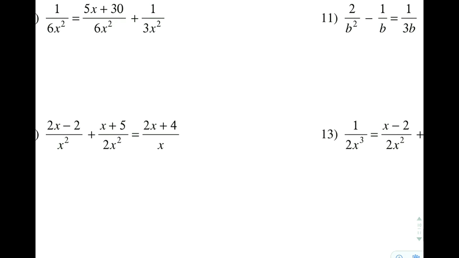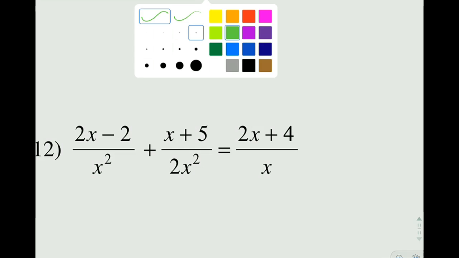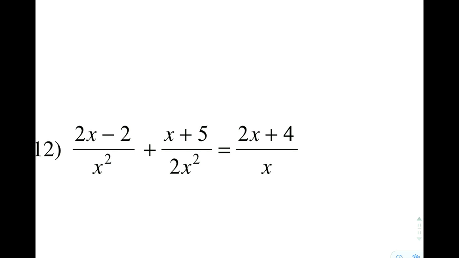One more example we can work on is going to be number 12. When we look at our denominators, I have an x squared, a 2x squared, and an x. My largest number is a 2, and my only number is a 2.